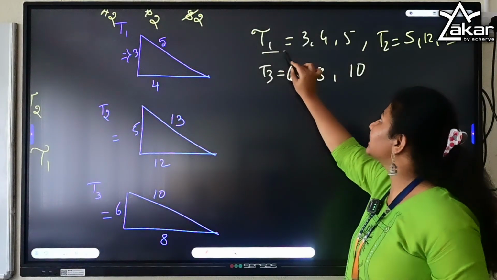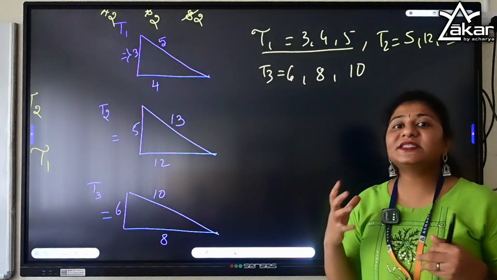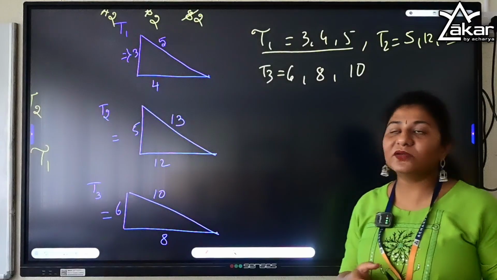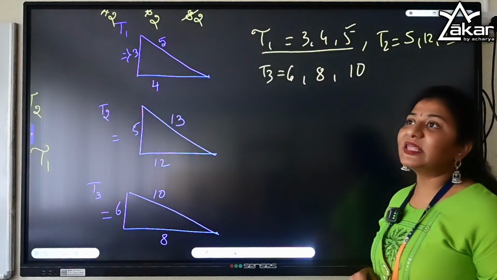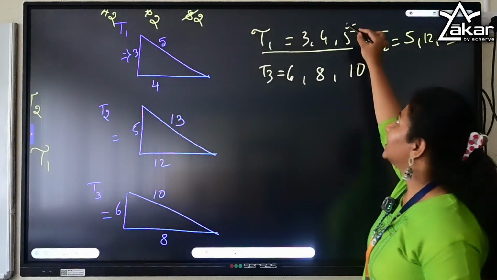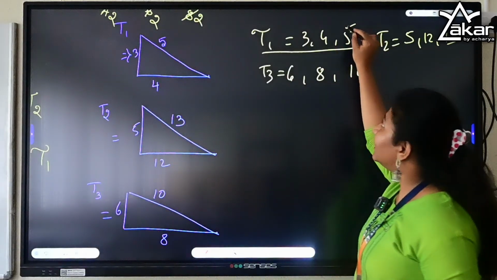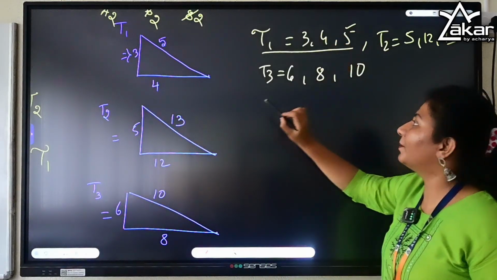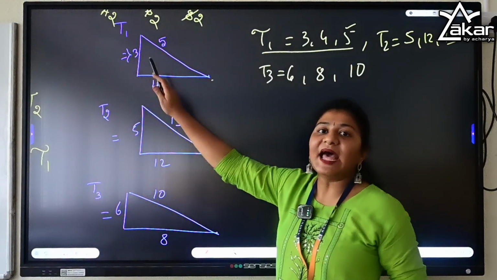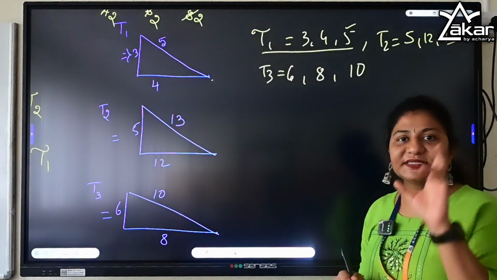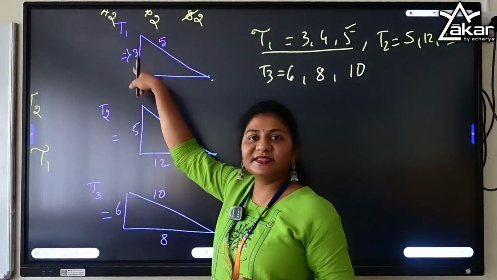For example, take T1. Which side has the most value? That is 5, so that is your hypotenuse. A little bit lesser than that is your base, and the opposite side is the least, that is the height, which is 3.